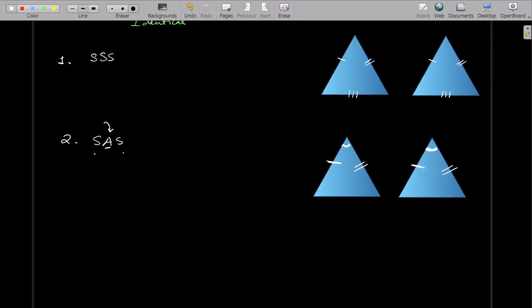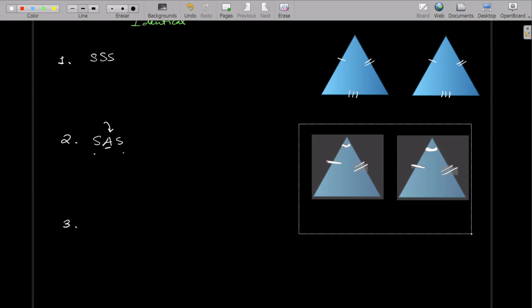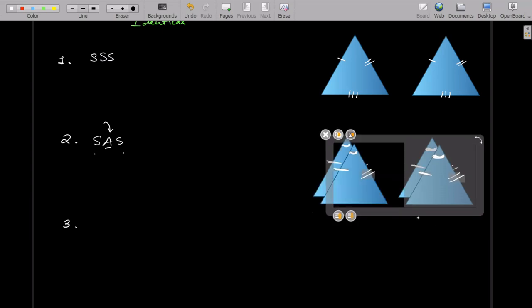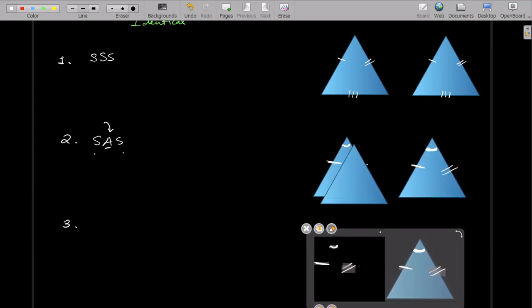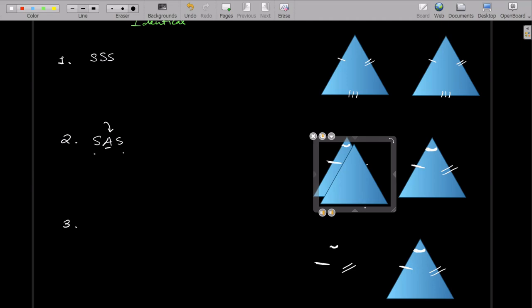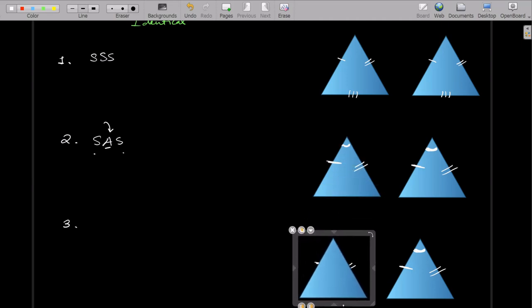Then number 3 is called ASA. You can guess: angle side angle.